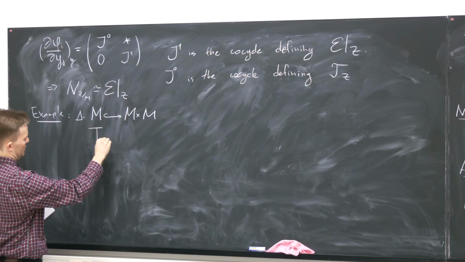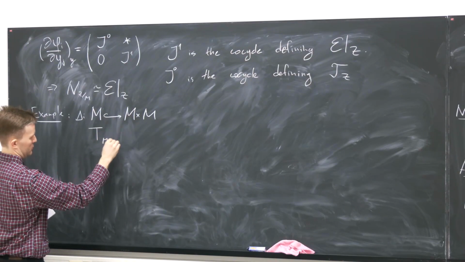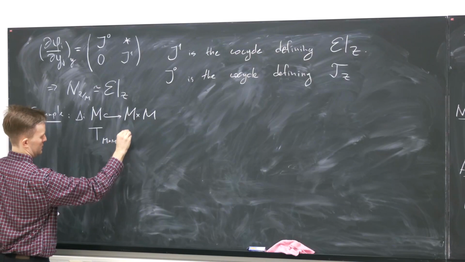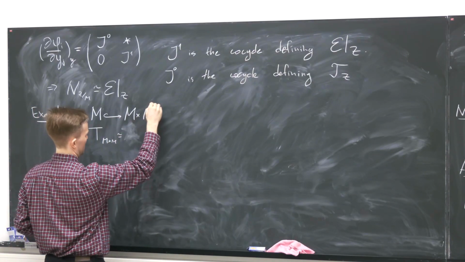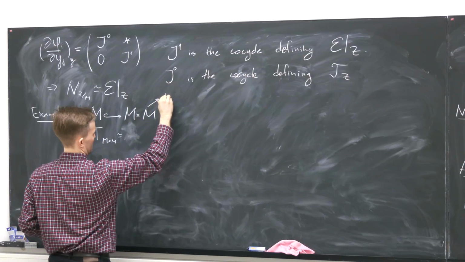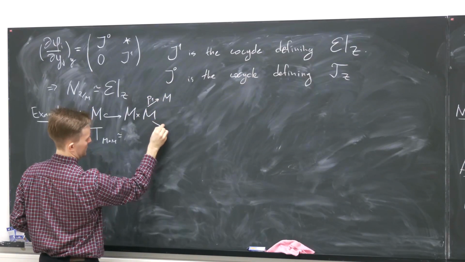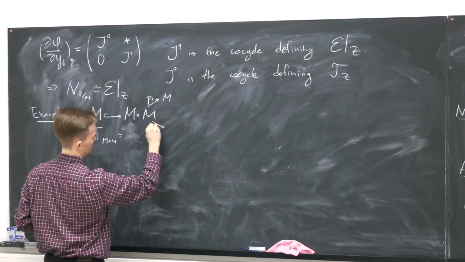okay, so the tangent bundle to this product is isomorphic to, well, let's take the two projections from M times M, so P1 and P2 are two projections.